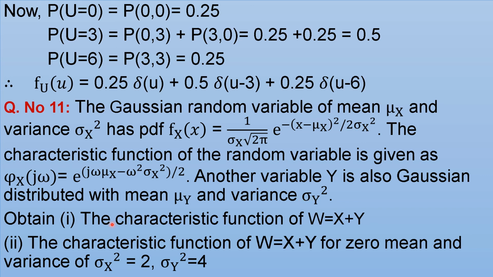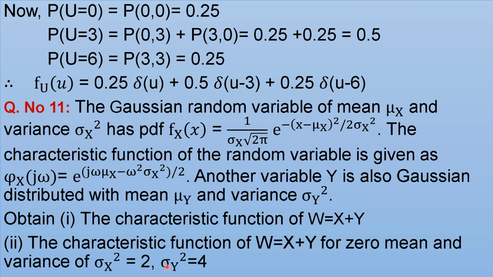Now obtain the characteristic function of the sum x plus y. Sum of two Gaussian random variables x and y, x plus y taken as w. Then obtain the characteristic function of w, the sum w equal to x plus y, for zero mean and variance sigma x square as 2, sigma y square equal to 4.